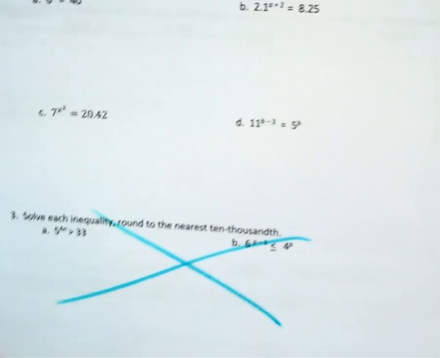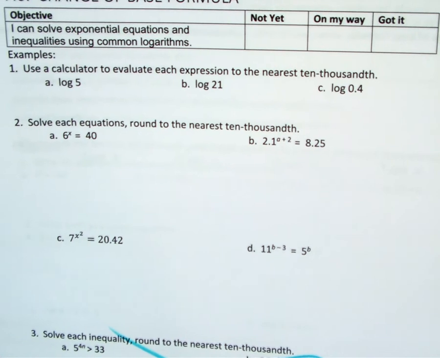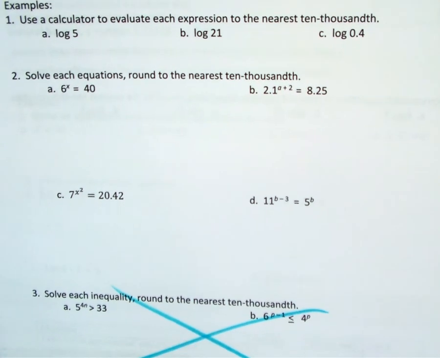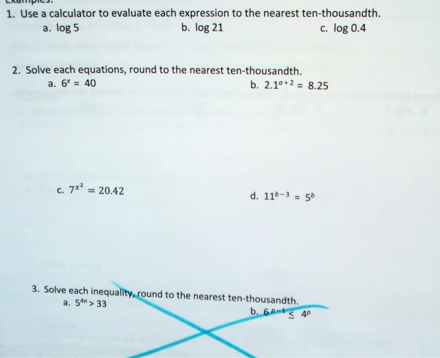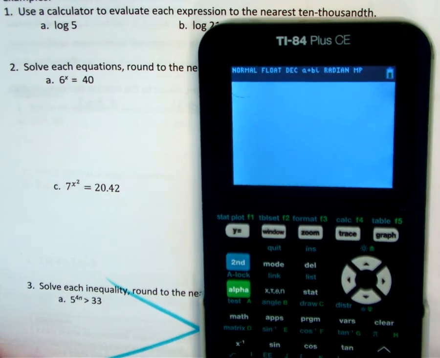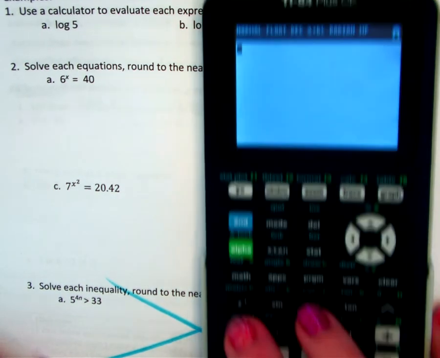Let's flip over to 7.6. Work out a couple of problems. 7.6, remember that when we don't have a base written, we assume that that base is really 10. And the beauty is that your calculator can do log base 10 pretty easily.